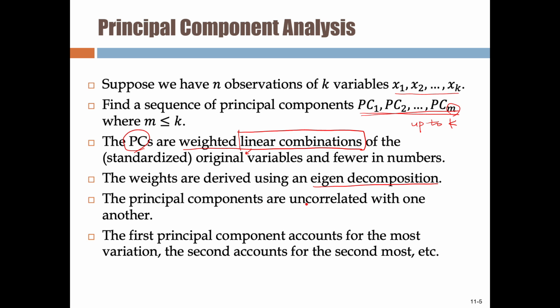The components are ordered: first, second, and so on. The first principal component has the most variation, the second has the second most, and so on. The first one is the most important, the second one is second most important, and so on.